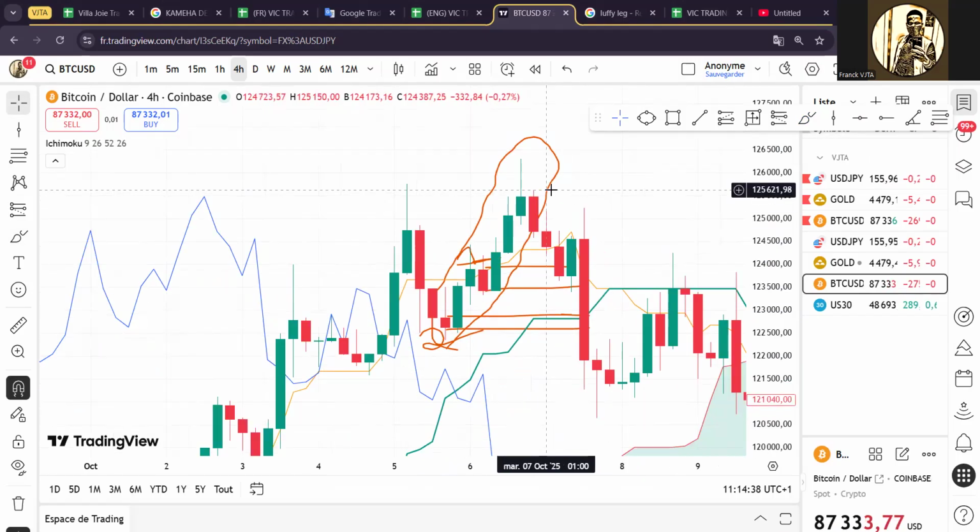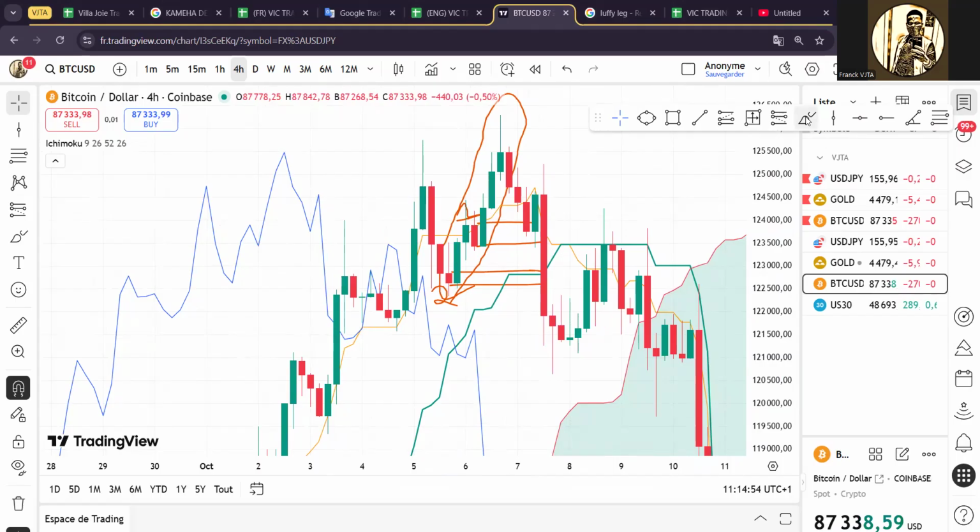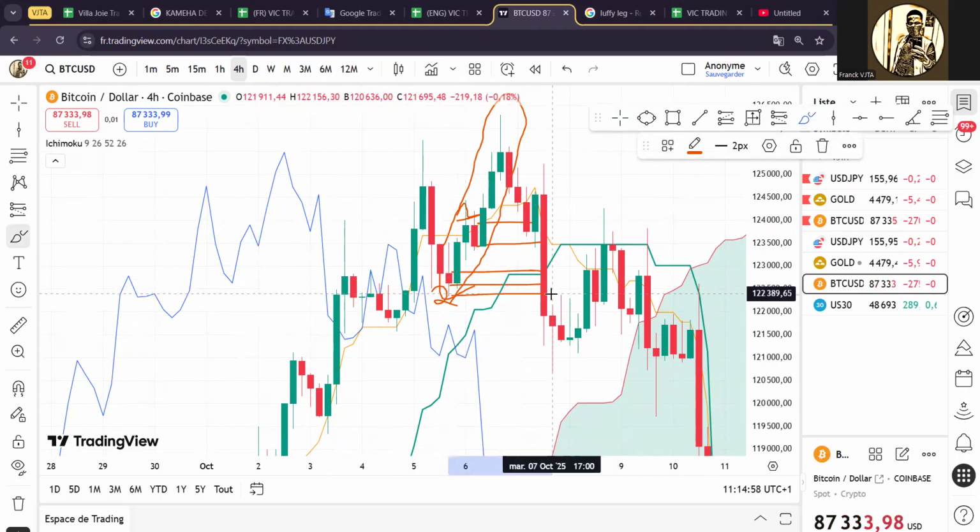So what happened is that we knew that this one was a reversal, right? And then it reversed till it broke the bottom of the left leg, creating a low below it.